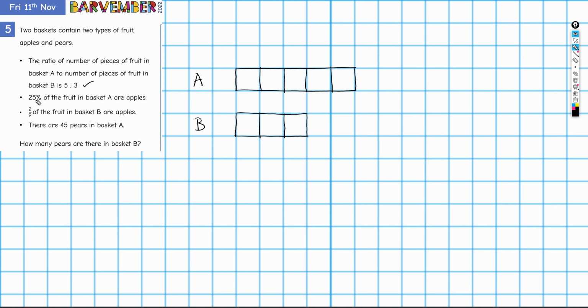We're also told that 25% of the fruit in basket A are apples. Okay, so because I've got 1, 2, 3, 4, 5 parts here, and that's obviously an odd number, and I'm going to be dividing by 4 to get my 25%, I am going to actually divide up these parts.